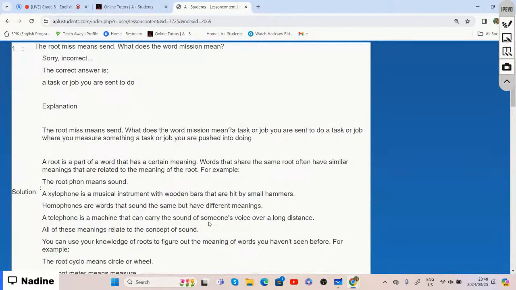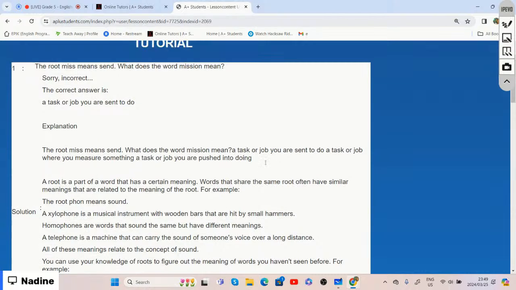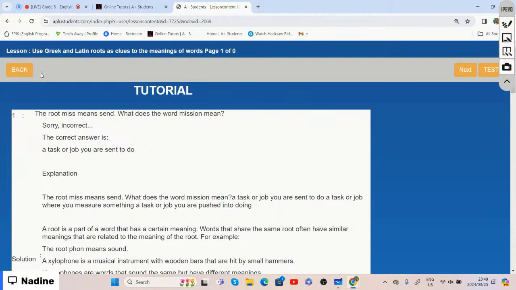You can have different words with the same root, and all of these words will have similar meanings, because they are related to that one specific root word, which has a specific meaning.